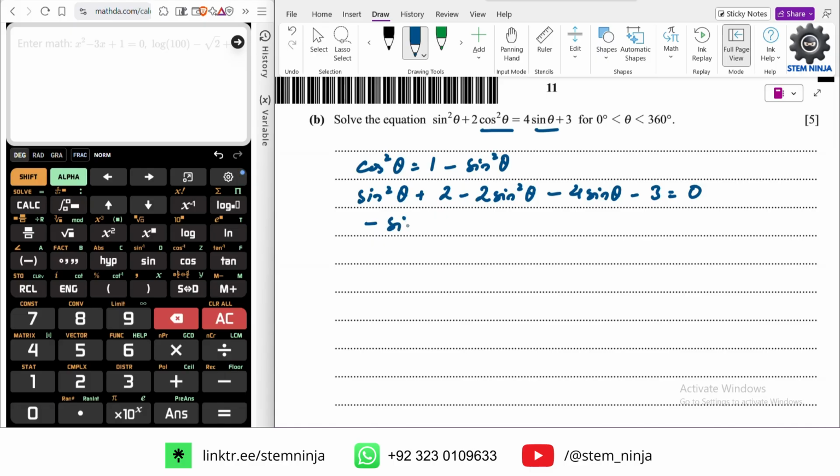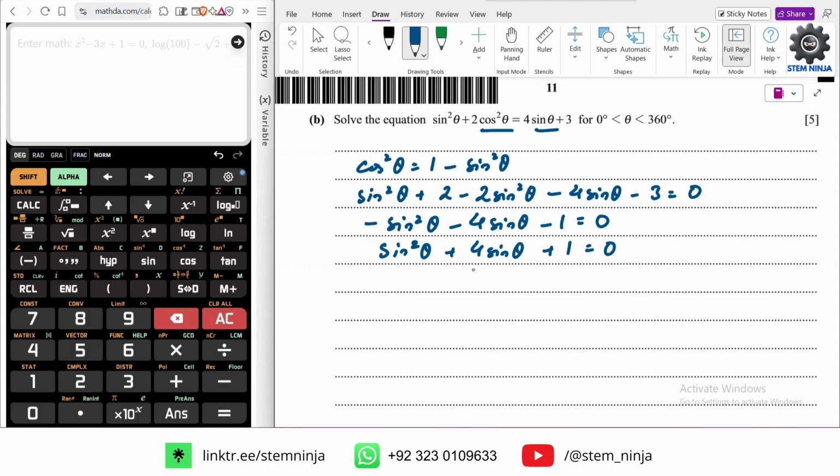You have minus sine squared theta minus 4 sine theta. 2 minus 3 is minus 1, equals 0. This would turn out to be sine squared theta plus 4 sine theta plus 1 equal to 0.